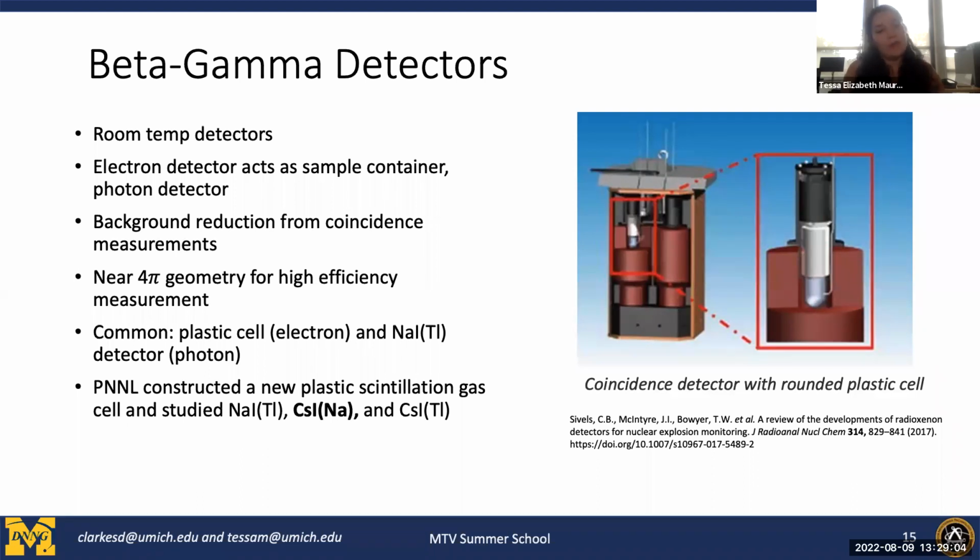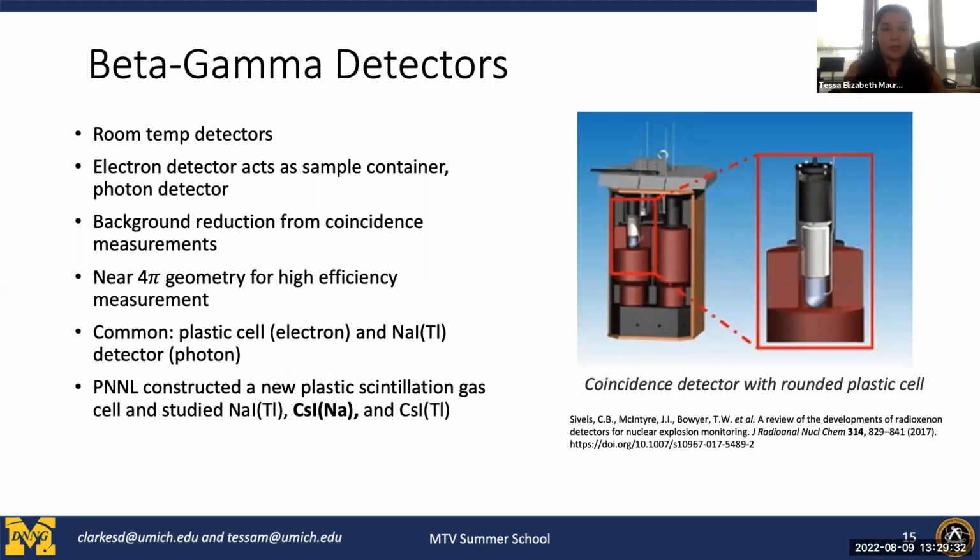If you look at the picture I have here, this is a coincidence detector with these rounded plastic cells. And in that case, that's the electron detector. And that acts as the sample container. And so with these two cells or detectors working with each other, we get background reduction from coincidence measurements. And we also get near 4 pi geometry for really high efficiency measurements.